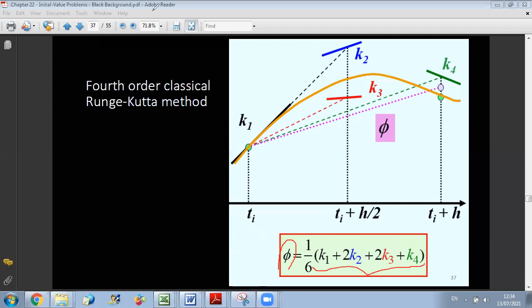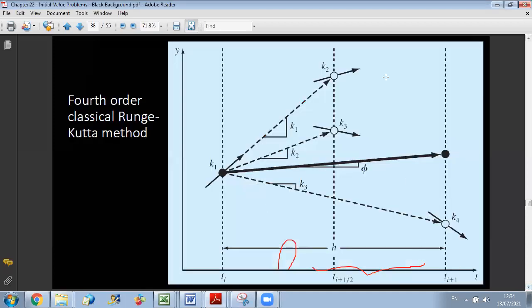Okay? So now we will repeat the procedure to summarize in a bigger figure that is clearer. So first I start with the first point. I evaluate the slope at it, K1. I do a line from this point of slope K1. I stop at the midpoint of the interval.